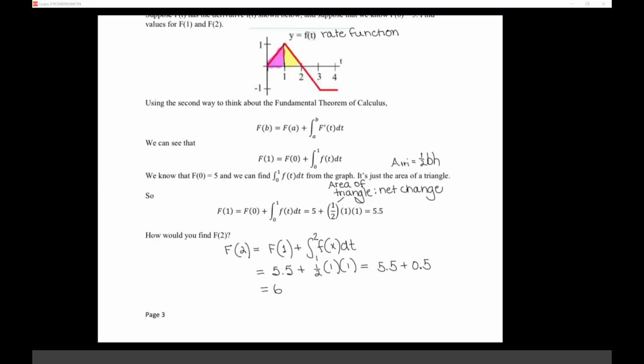Anybody have a problem with this? Anybody concerned about it? Okay, so I'm asking, what would be the value of the antiderivative function to this? This is a rate function, and I'm trying to find the antiderivative function value at 2.